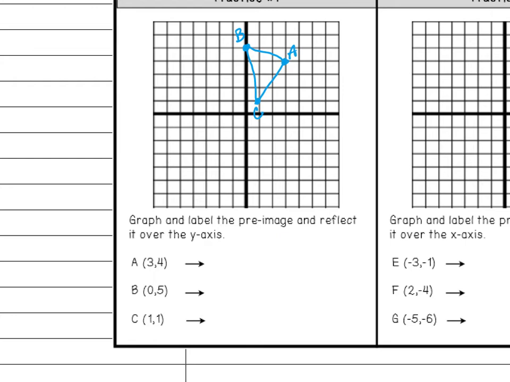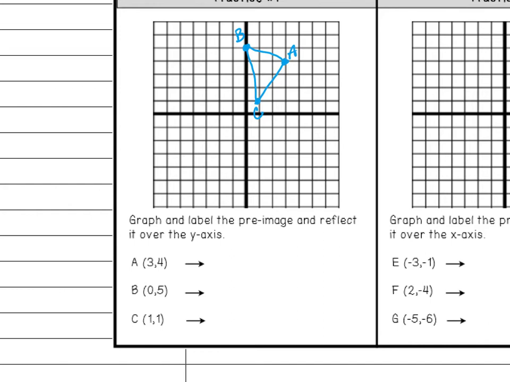So I'm just going to sketch out the points, 3, 4, and I'm going to draw my little lines so I know where they're at, even though they're not going to be even, and I think that will help you guys out. 3, 4. Here's my point, right? So this is A. And then B is at 0, 5, which is B right here.